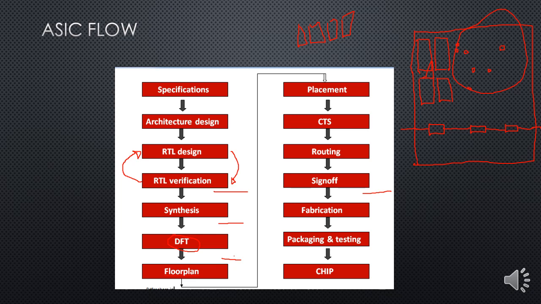The D flip-flop operates on the clock. The clock is one of the inputs to the D flip-flop, or any kind of memory element or flip-flop. Whenever the rising edge of the clock reaches the D flip-flop, it captures the data and stores it inside.